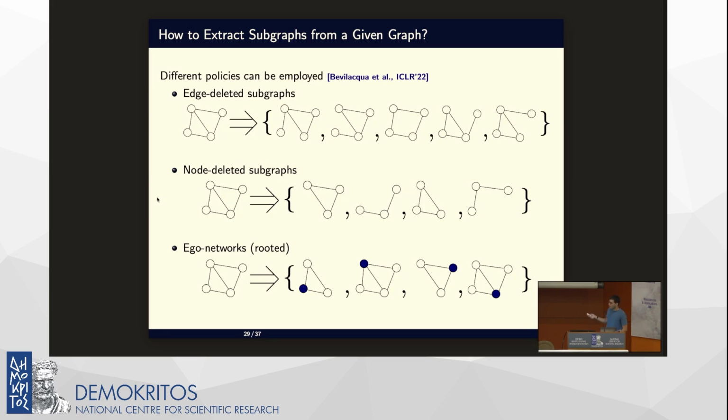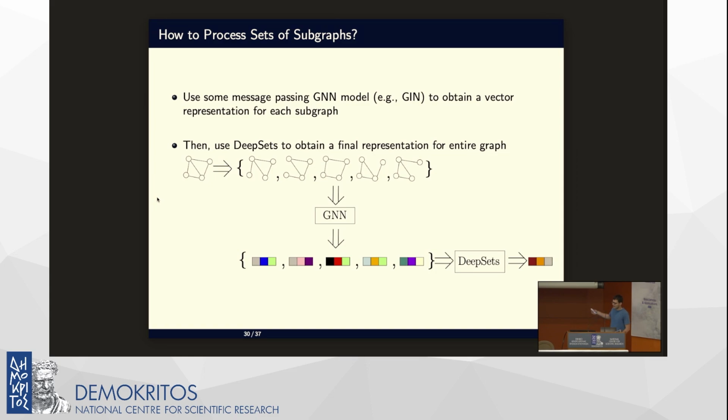For the second challenge, one simple approach we could follow is to feed each one of those subgraphs to a graph neural network. Then we obtain a vector for each one of them. So from a set of subgraphs, we now have a set of vectors.